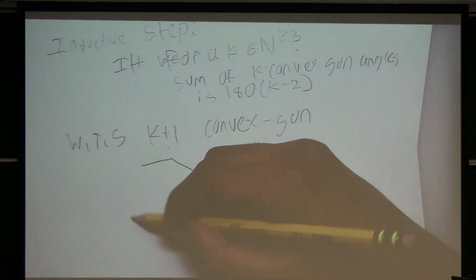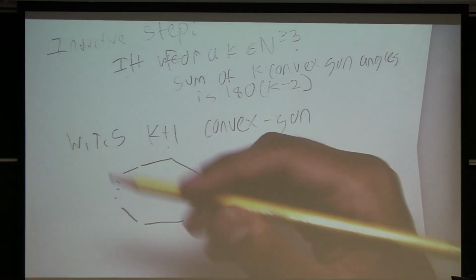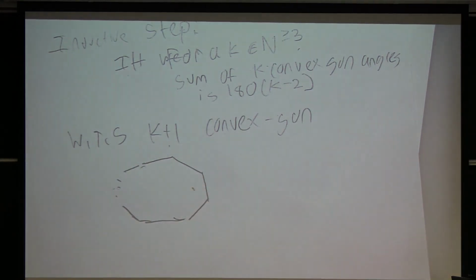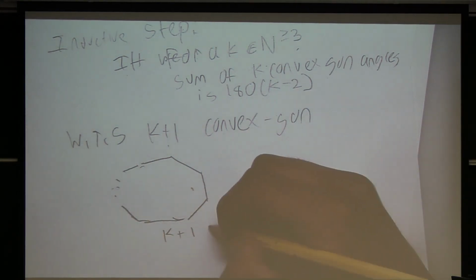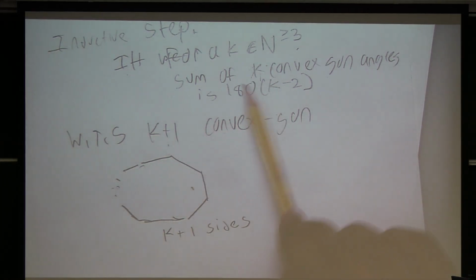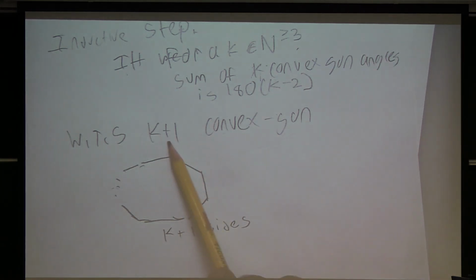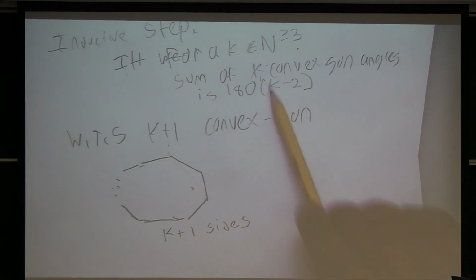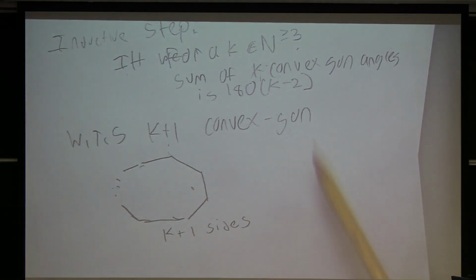This shape here has k plus 1 sides. So how can I use the induction hypothesis to prove that the sum of a k plus 1 convex gon is just the value you plug in here minus 2? So 180 times k minus 1.